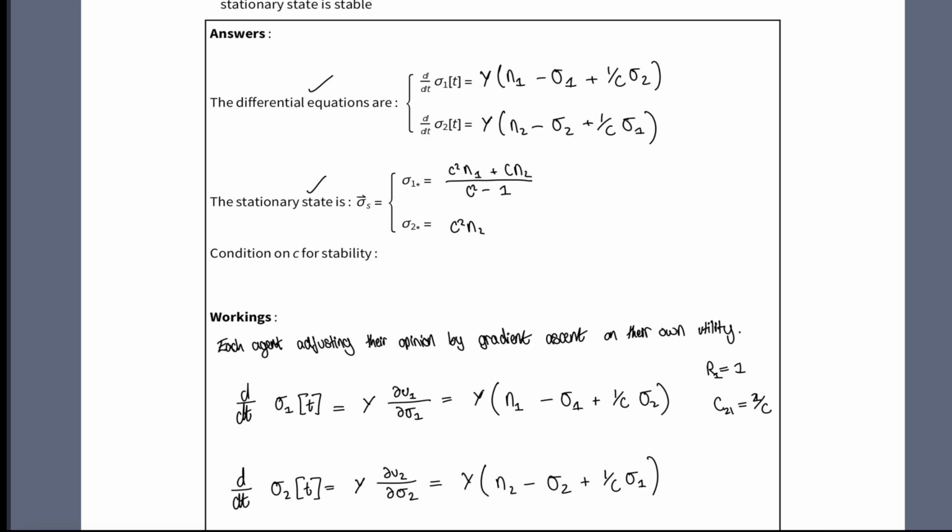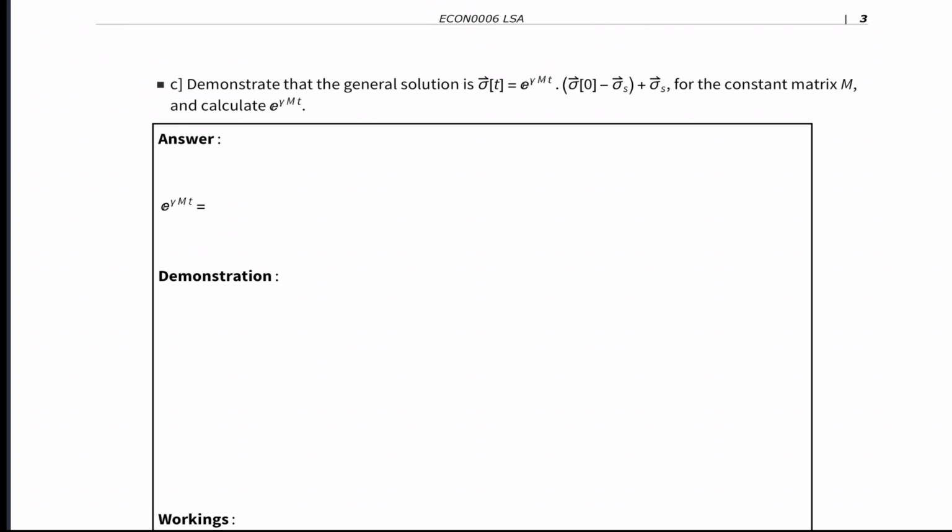Part C: demonstrate that the general solution, the vector sigma as a function of t, is equal to e to the power of gamma Mt multiplied by the vector sigma 0 minus the vector sigma s, close bracket, plus the vector sigma s, for the constant matrix M, and calculate e to the power of gamma Mt. Okay, cool.